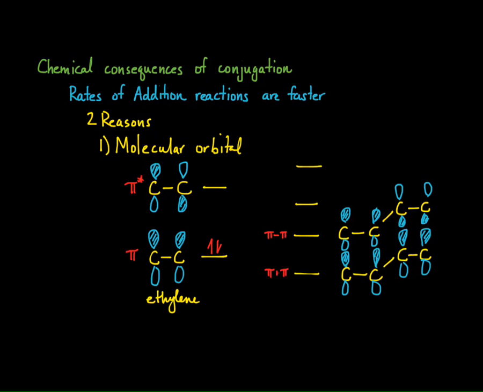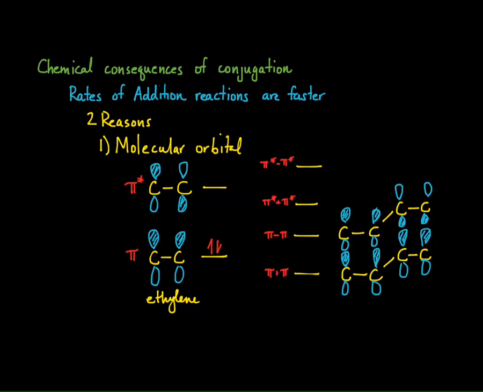And of course this, we say, is the traditional view of double bond, single bond, double bond. So when we mix the pi orbitals of ethylene, we get a pi plus pi, that's the conjugated one, and we get a pi minus pi, that's the traditional double, single, double bond scenario. Those are both bonding orbitals. And then we get two antibonding orbitals, pi star plus pi star and pi star minus pi star.